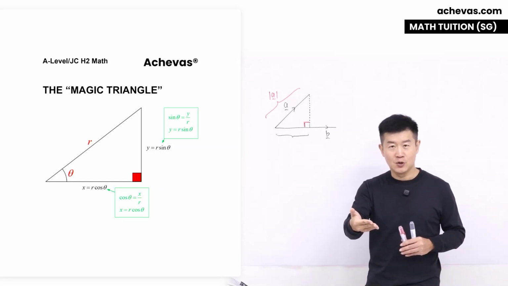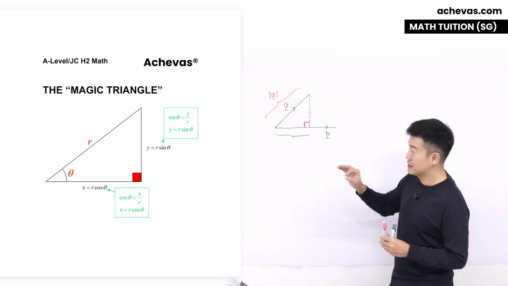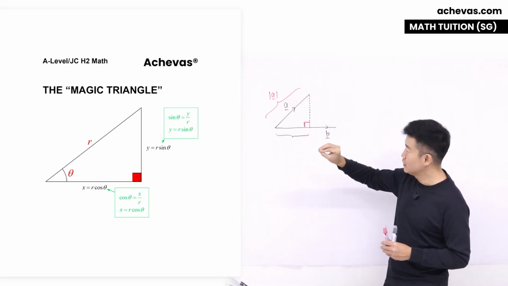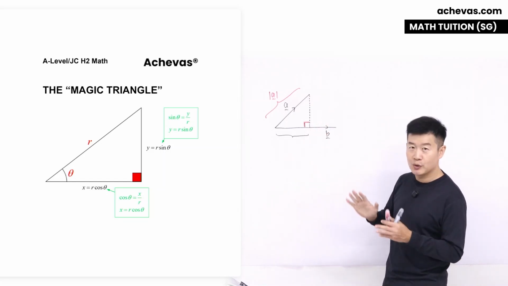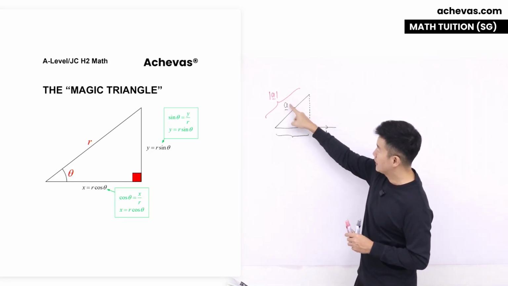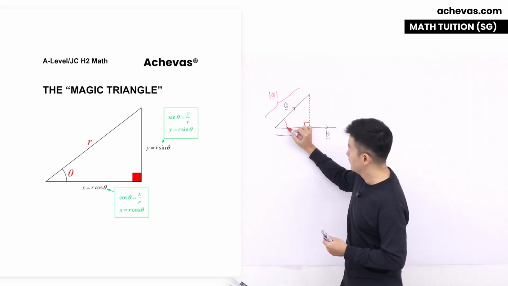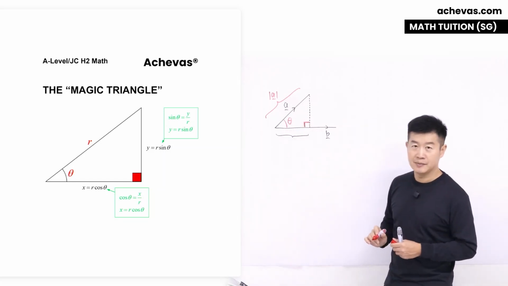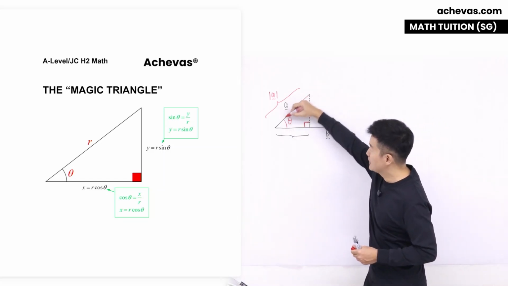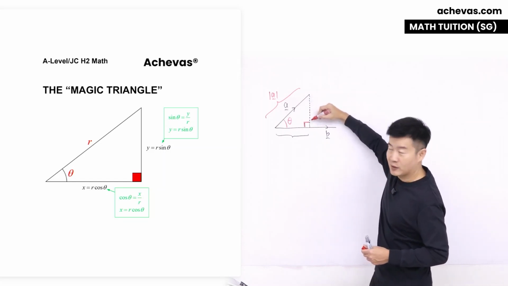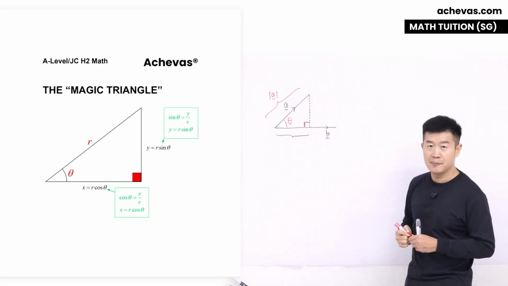So I will always assign theta to be the angle between two known vectors. I know this vector, I know this vector, so I assign theta here. Not here, because we have this vector, but we don't have anything along this.